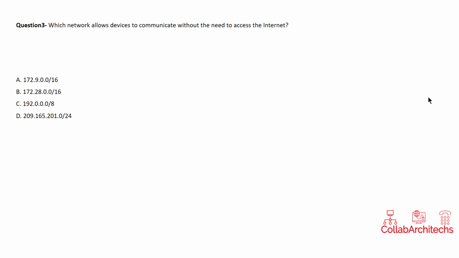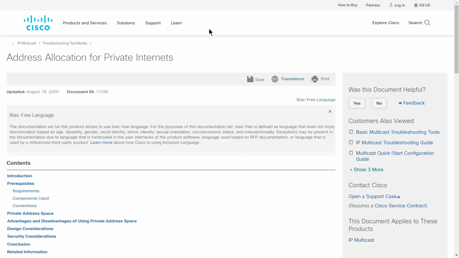So let's explore a bit more about what is the correct private network address among these four on the Cisco site. This is one of the Cisco documentation where the addresses of the private IPs are given and the ranges are also given.